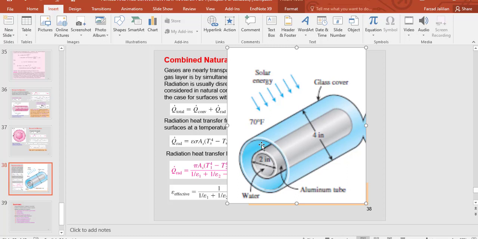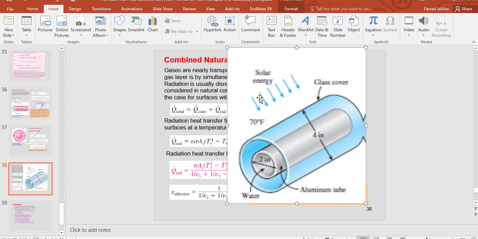So between these two will be a fluid, for example, and if the temperatures of those two surfaces are different, then we will have convection heat transfer between them.